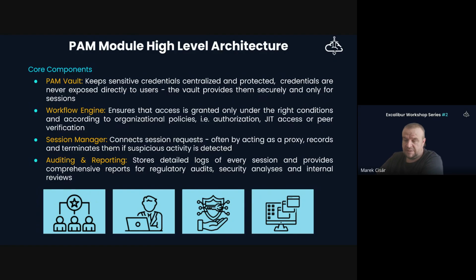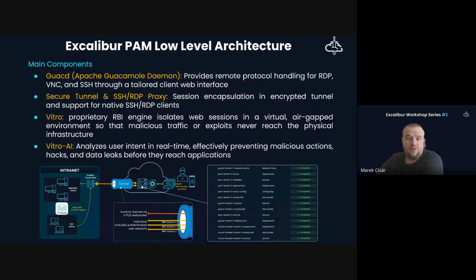It makes it easy to review what happened, and also to meet compliance needs. So those are four major components. We can check now how they are designed or developed within the Excalibur SAM.